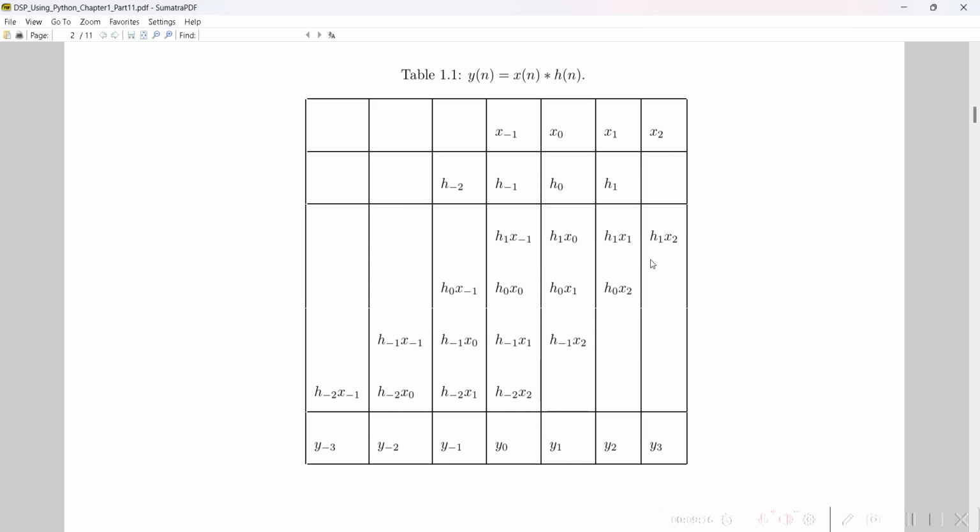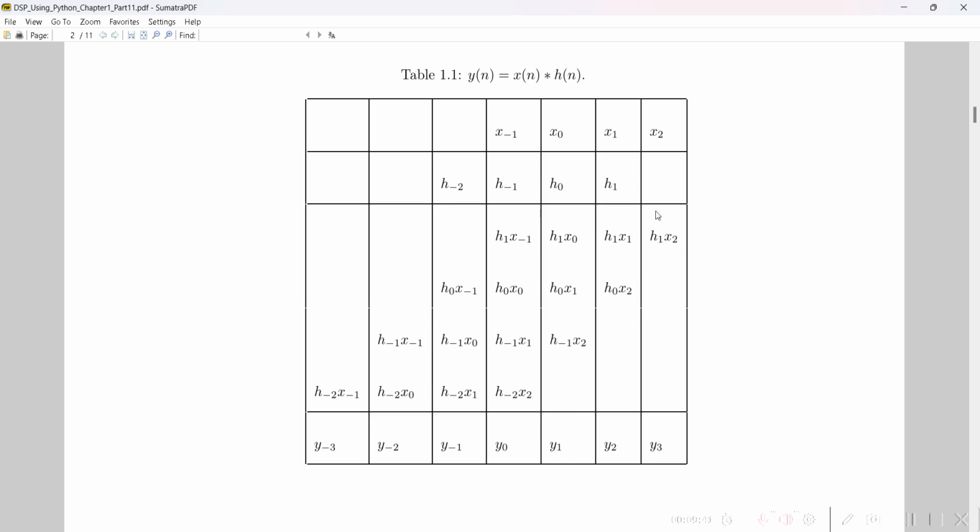What about the results? Think deeply. x2 is playing with h1. Then x1 is playing with h1, x0, x minus 1. There is nothing more.